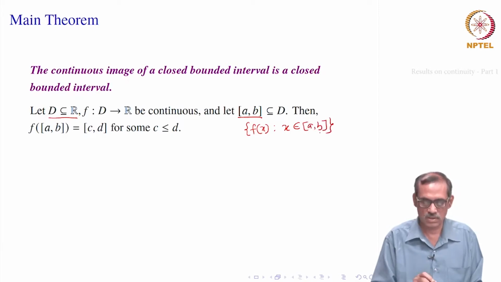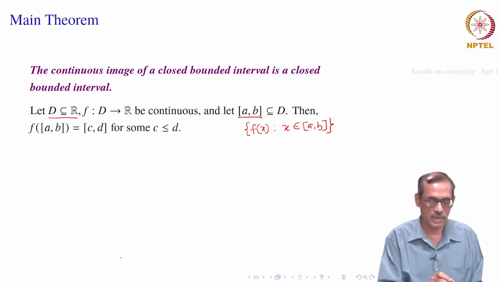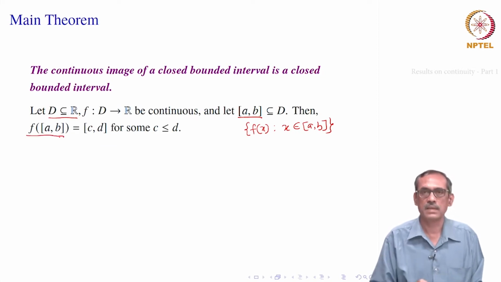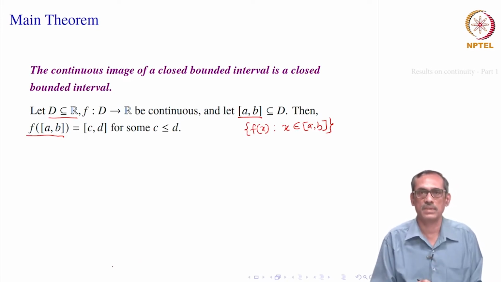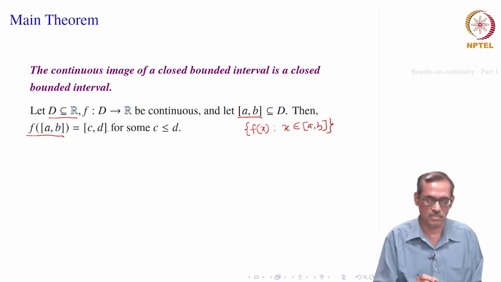Recall that this is denoted by f of [a, b]. This f of [a, b] will be equal to a closed bounded interval [c, d] for some c less than or equal to d. If f is a constant function, of course, you may get equal to. So, here we will take the equal sign also as a possibility.